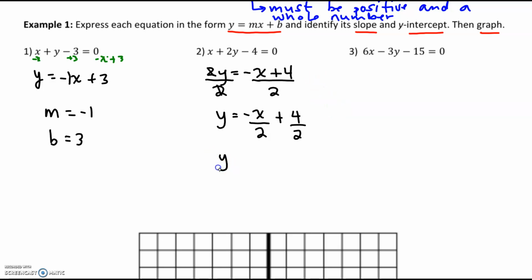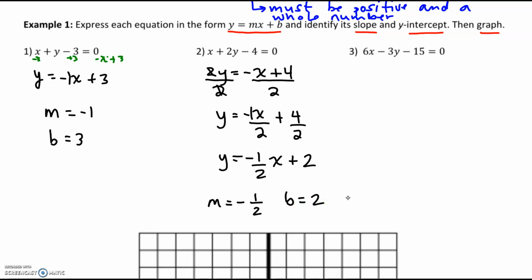On my first term, I know that there would be a 1 in front, and negative 1 divided by 2 we would keep, because remember we don't want a decimal. And in my second term, 4 divided by 2 is 2. Okay, so I have the equation simplified. Now I can state my m. So my m is negative 1 over 2, and my b is 2.